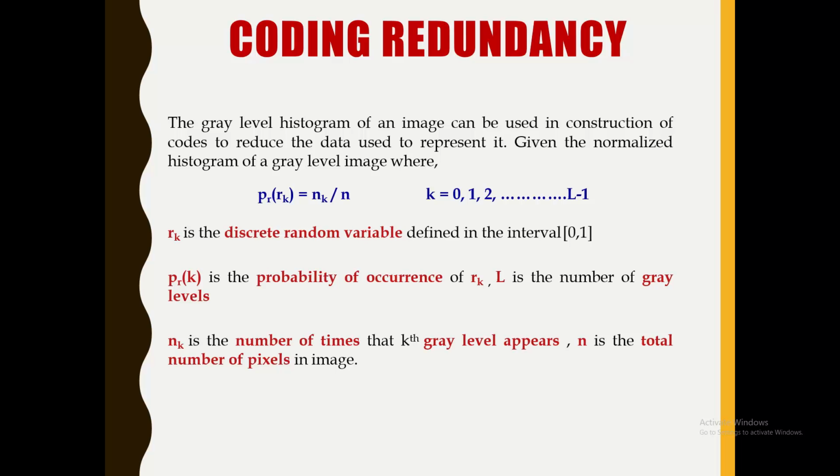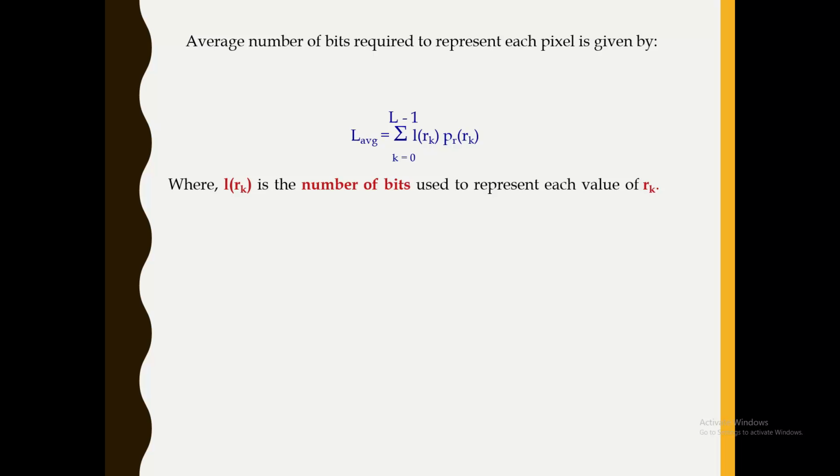Here rk is the discrete random variable defined in the interval 0 to 1, p(rk) is the probability of occurrence of rk, and L is the number of gray levels. nk is the number of times that gray level appears, and n is the total number of pixels in the image. We already discussed this formula in the histogram lecture, so that is the same.